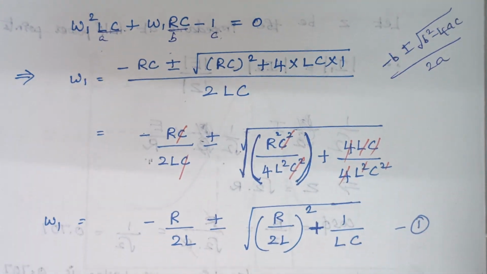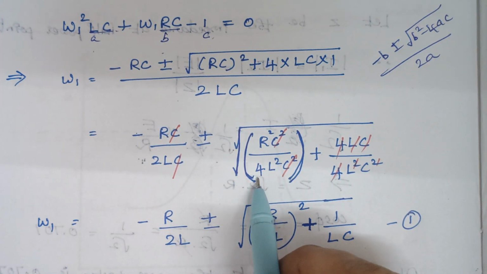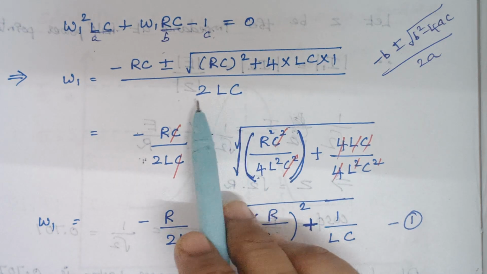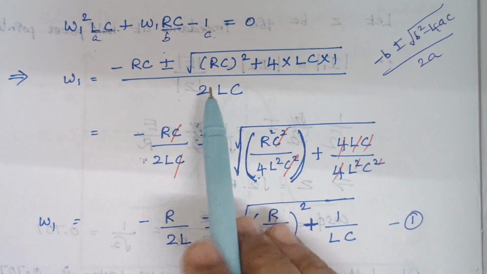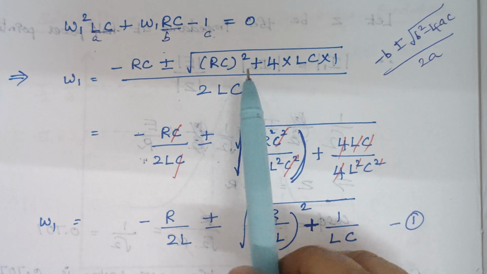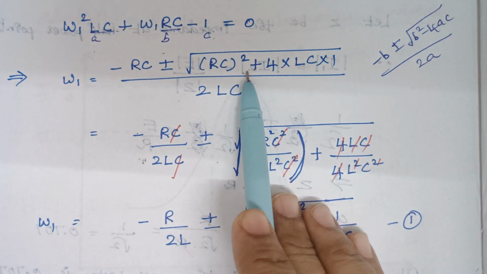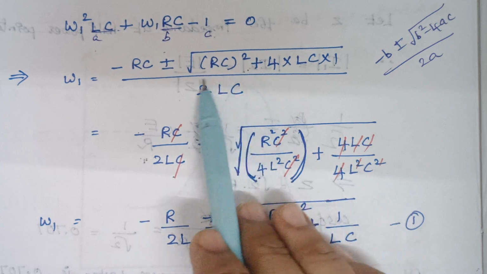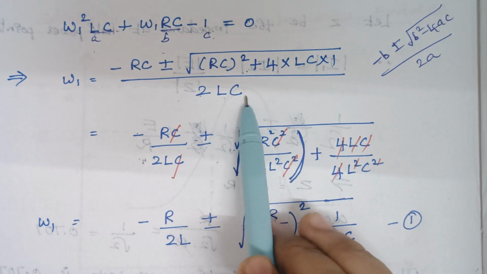After substituting, this step has to be noted. Here I am going to write this 2LC, and split this 2LC for each and every term. So minus RC divided by 2LC. But when you look at these terms, all of them are under a square root, right? So in order to move this term into the square root, you have to square it. So when you square, what happens? 4L square C square.